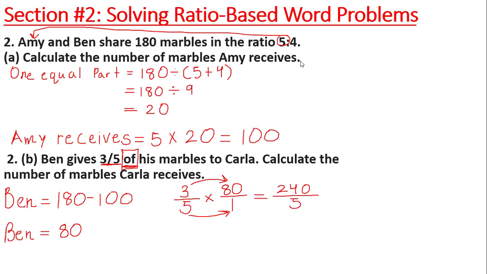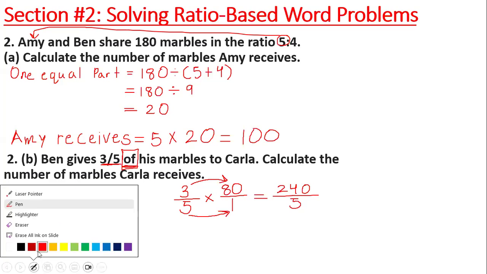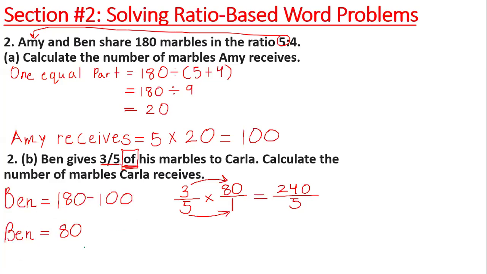Did y'all get an answer for this yet? What are your answers? 48. How do we get 48? Divide 240 by 5. Divide the 5 into 240. Very good.